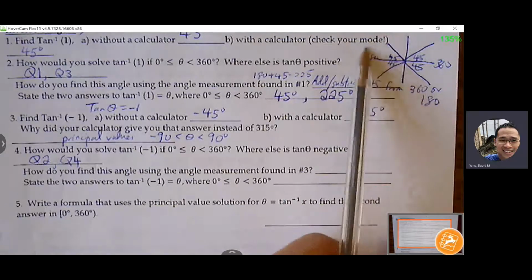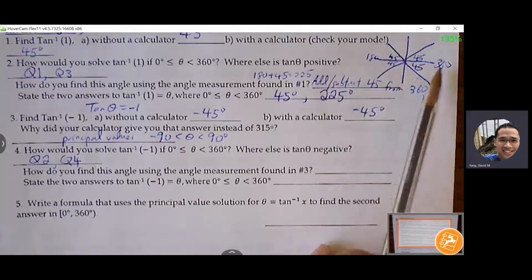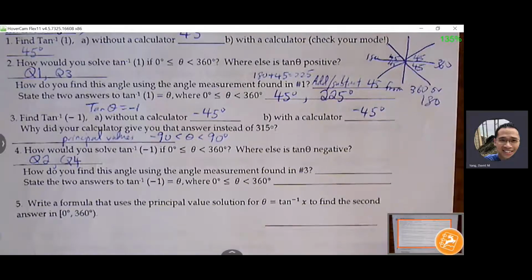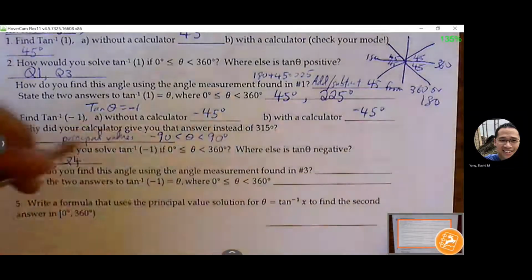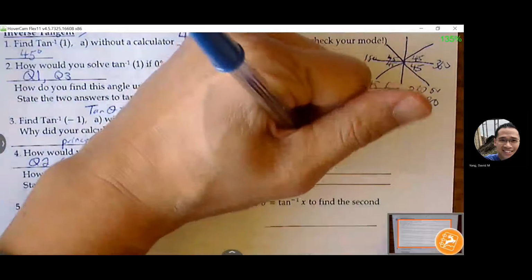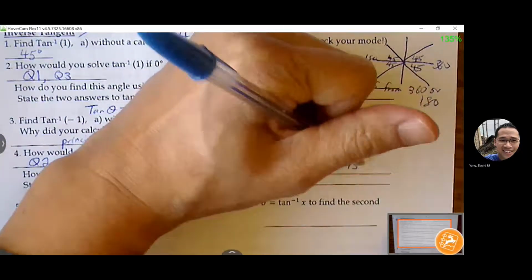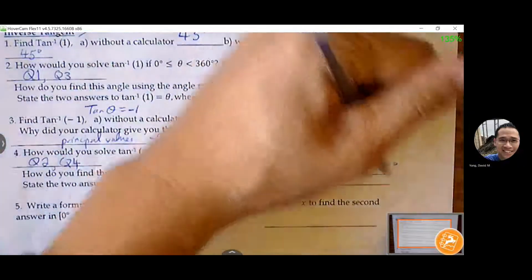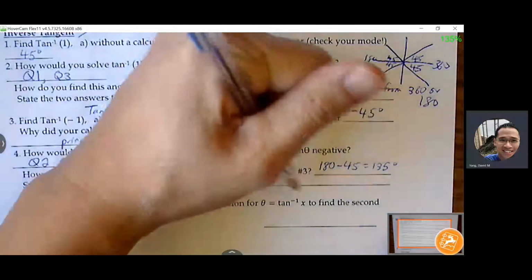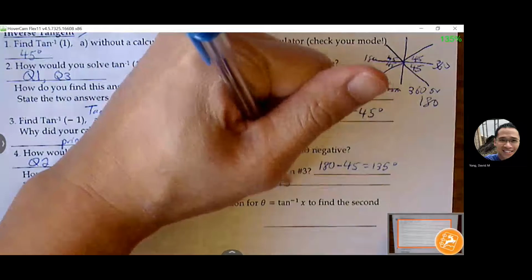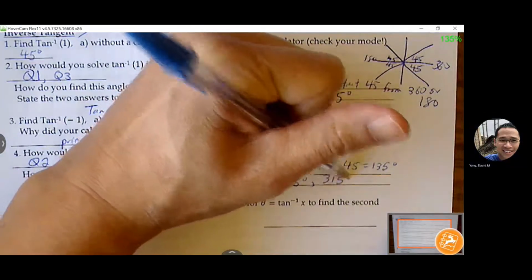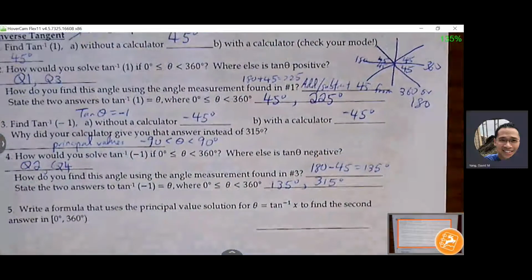That will give us a second quadrant. In the fourth quadrant, we can do 360 minus 45. That will give us fourth quadrant. And 360 minus 45 is 315 degrees.